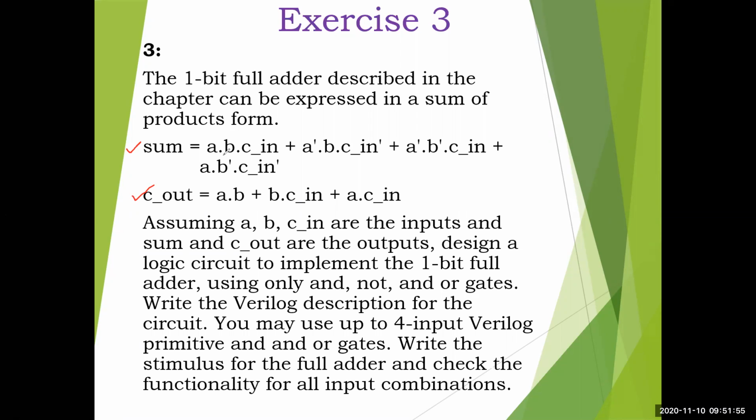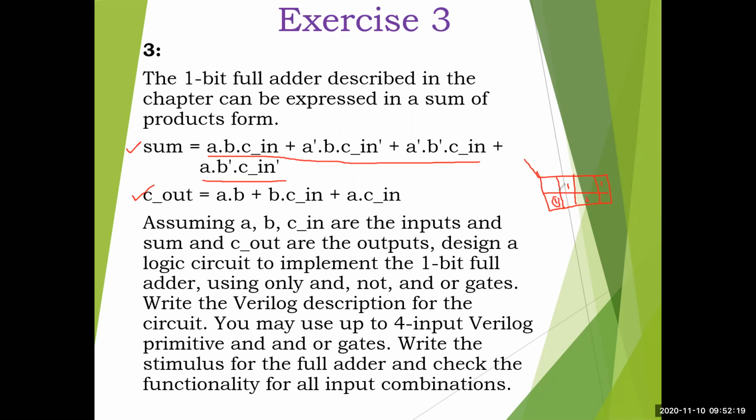Since they have given the expression already, even if you write the truth table and then the K-map, you are getting the same. We have seen this K-map in the last video when discussing the 1-bit adder, and how the entries come: all single ones.